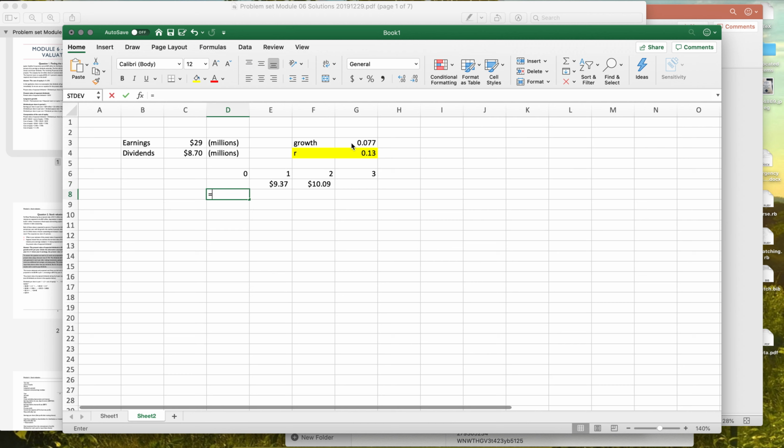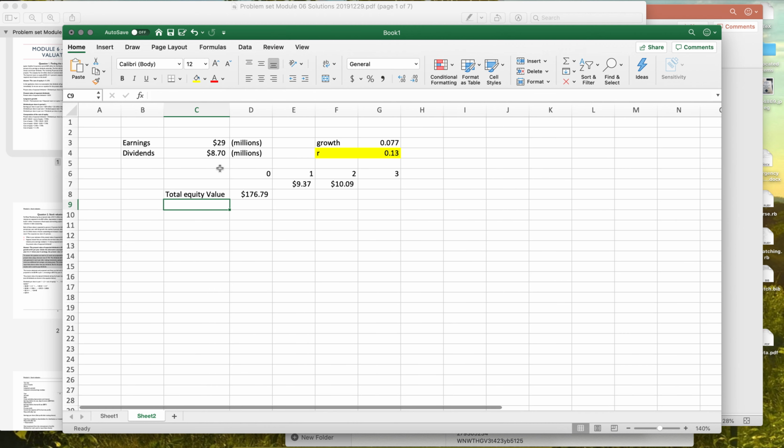But for our purposes, all we need to know is R minus g. So this is C over R minus g, the perpetuity formula. This is the total equity value of the company. This is the value the company would have if you were to buy all of the shares outstanding.